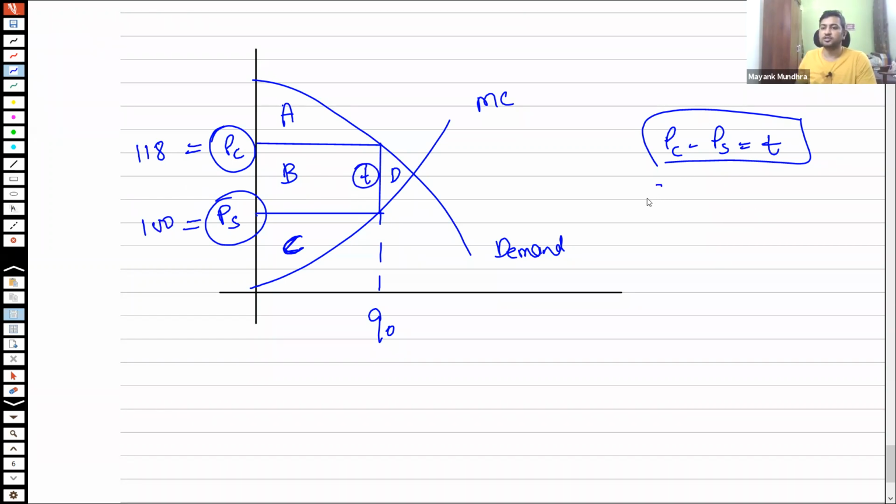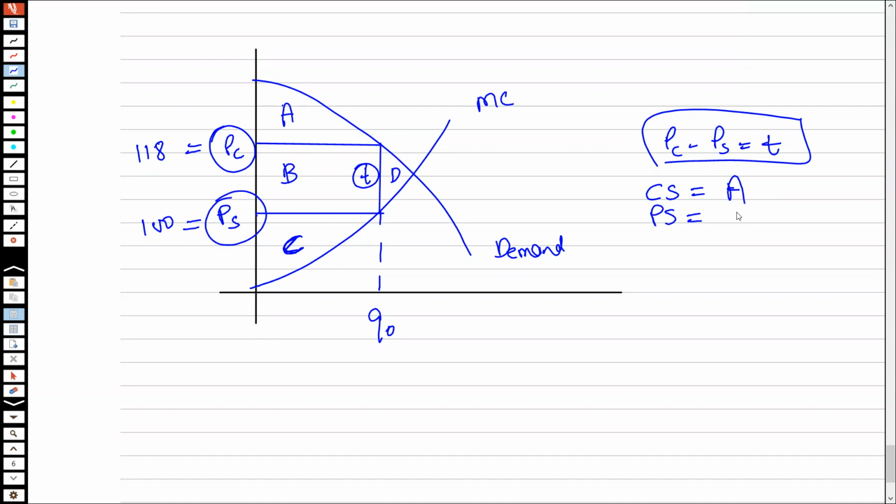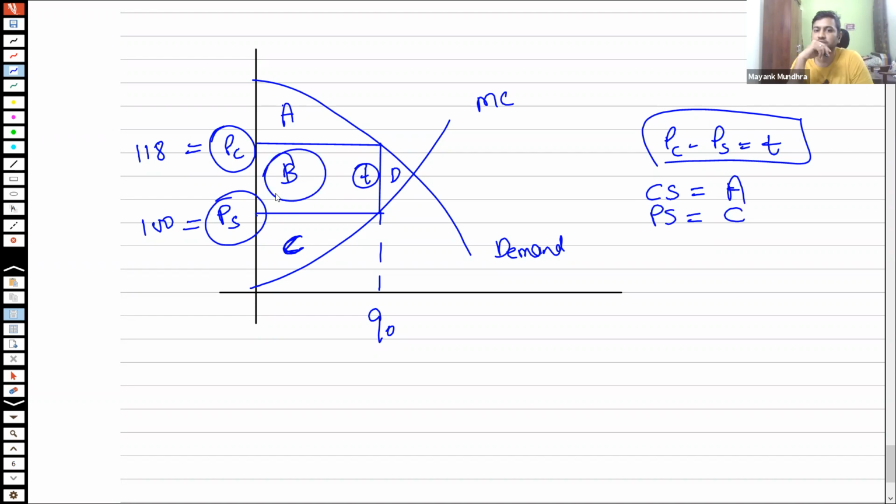Okay, so what is the consumer surplus in this case? Which area represents the consumer surplus? A. A, very good. What about producer surplus? C. C, amazing. What is this B? Government revenue. Very good. Government tax revenue.